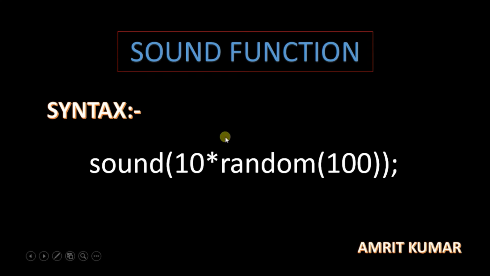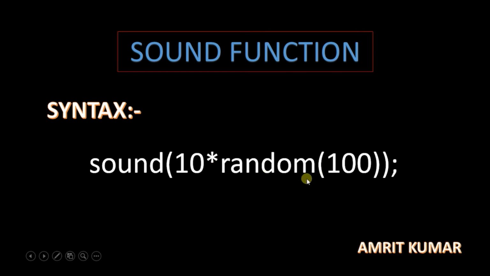So this is the syntax through which you can use the sound function in C language. This is the sound function, and this is the random function inside the sound function. The sound function helps you give a sound in C language, and I am using a value here like 10 asterisk, which means multiply by a random number up to 100.